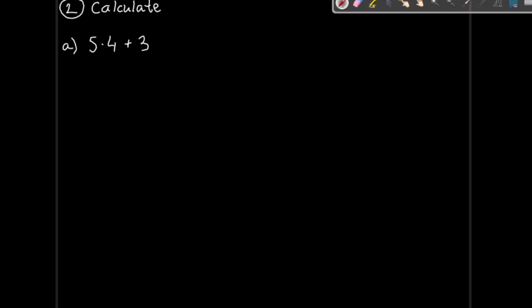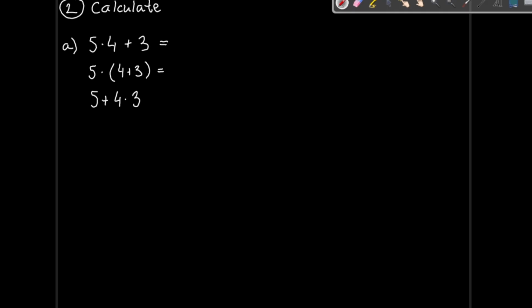These expressions. Okay, so we have 5 times 4 plus 3. The next one being 5 times 4 plus 3 in the brackets. Then we have 5 plus 4 times 3.